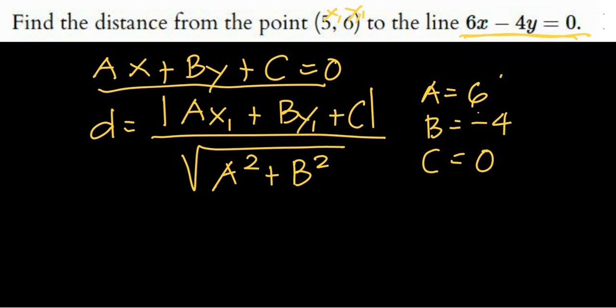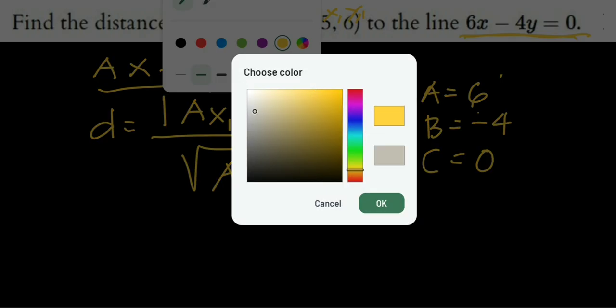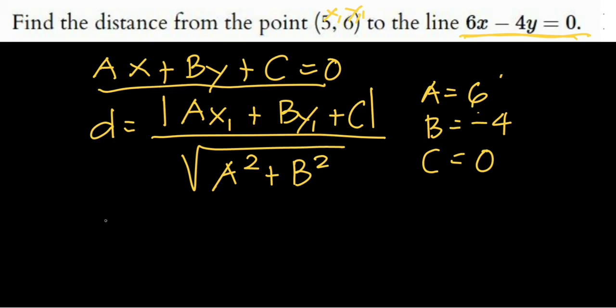Okay, now we already know the coefficients, and we know the point (5, 6). Then we substitute the values into the distance formula. So we substitute that. What would it be? Okay, you can do that. Absolute value. Don't forget the absolute value.